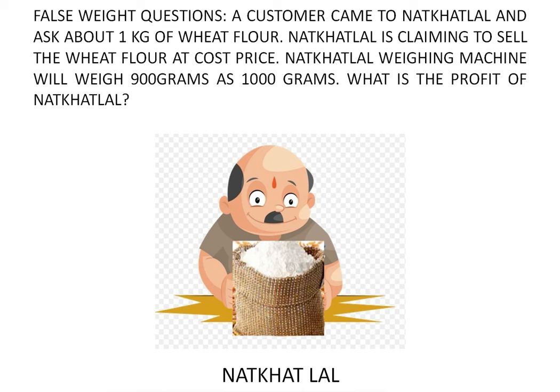So what is the gain of Natkhat Lal? Natkhat Lal is gaining 1 rupee on every 9 rupees. So the profit will be 1 upon 9 into 100. It will come out to be 100 by 9.